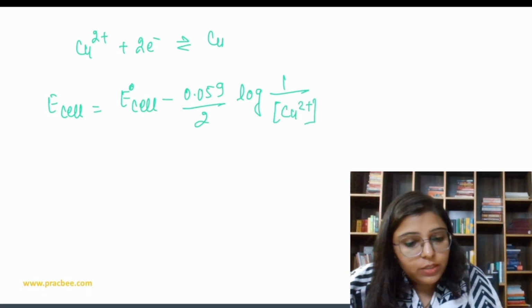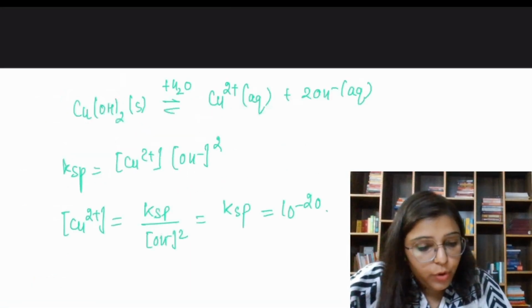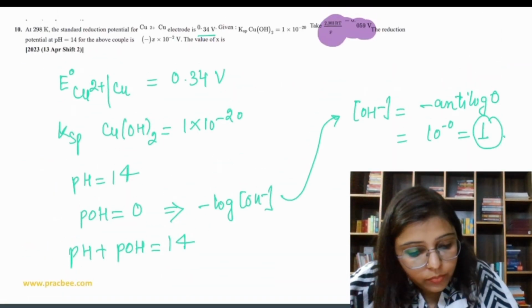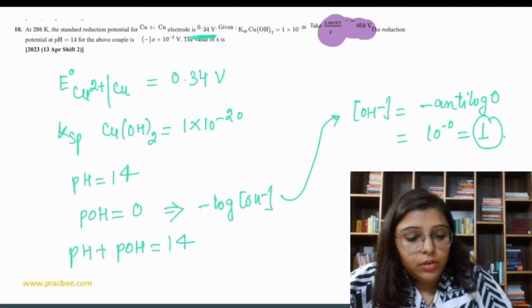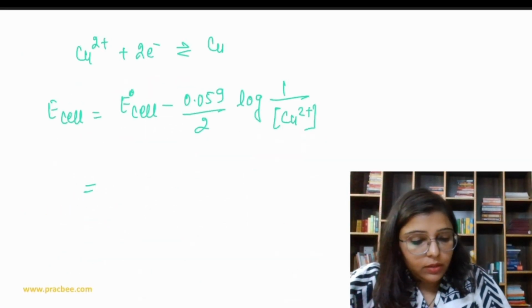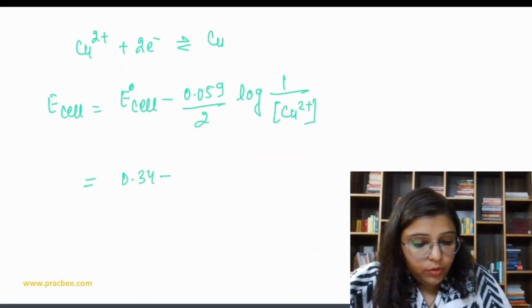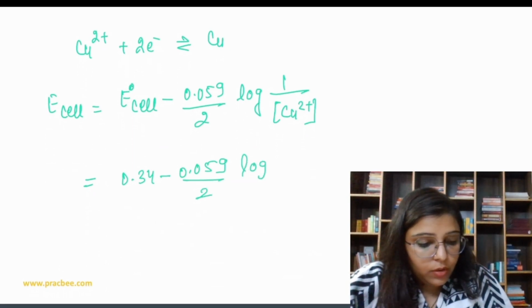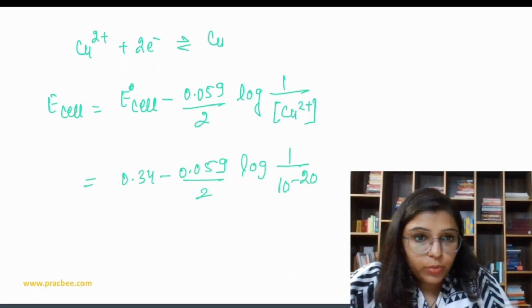So let's put all the values. E naught cell is 0.34. So 0.34 minus 0.0592 log 1 upon 10 to the power minus 20.